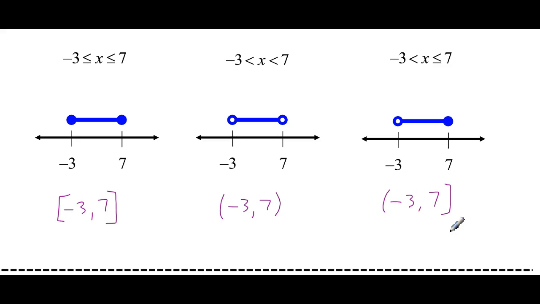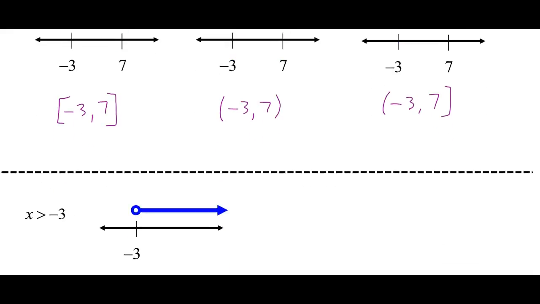This gets a little trickier, not much, but a little trickier, if you're talking about problems that don't have an end on one end or the other. Like this first one here, where the x's are bigger than -3, you don't include -3, open circle there, unincluded, and then everything bigger than -3 is included.